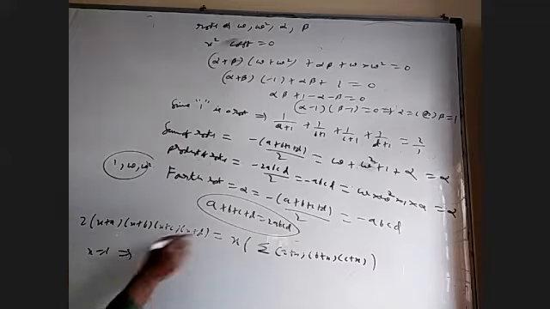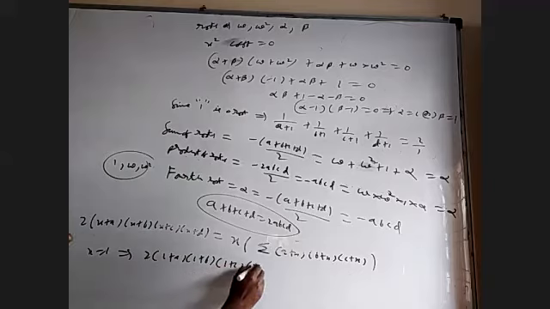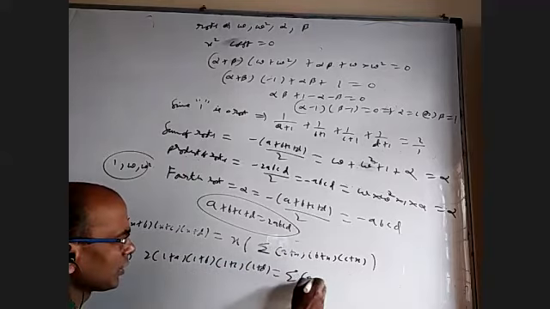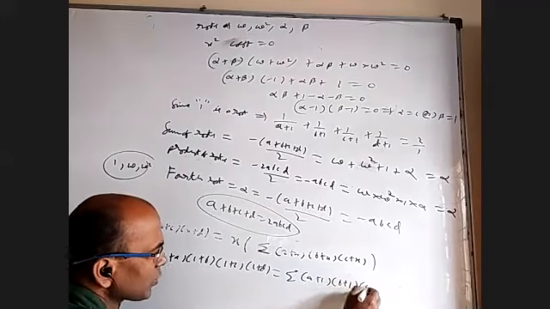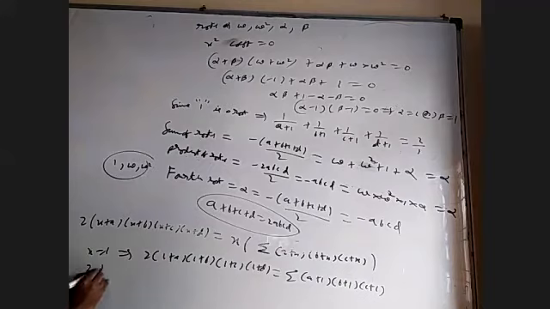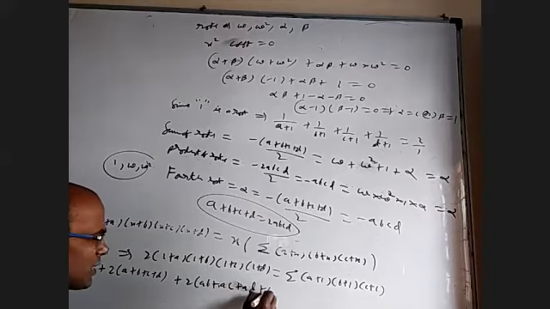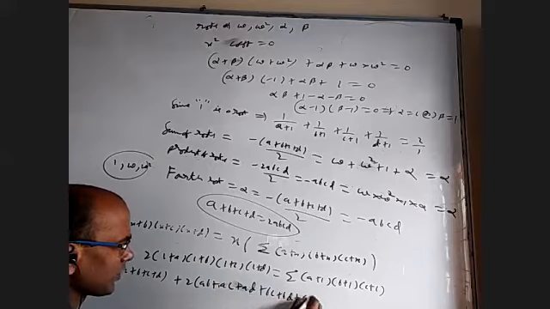If you substitute x equal to 1, the left side will be 2 into (1 plus a) into (1 plus b) into (1 plus c) into (1 plus d). When I expand this, I will be getting 2, plus 2 times (a plus b plus c plus d), plus 2 times (ab plus bc plus cd plus ad plus ac plus bd).